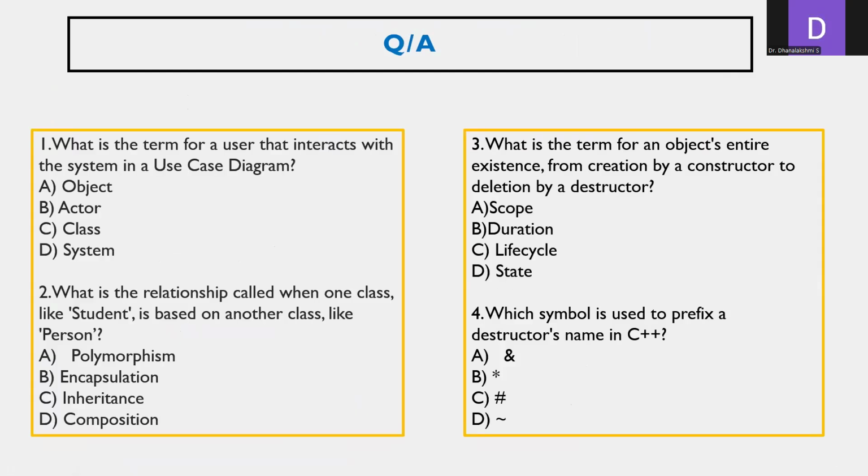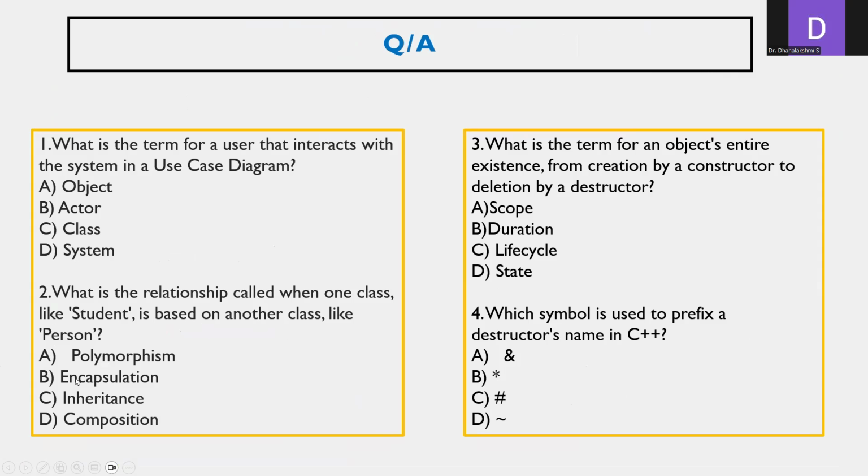Now let's check your understanding with a few quick questions. First, what is the term for a user that interacts with a system in a use case diagram? The options are object, actor, class, and system. Second, what is the relationship called when one class like student is based on another class like person?